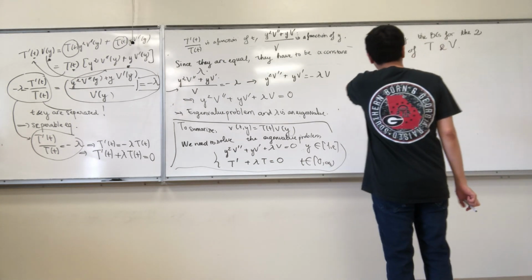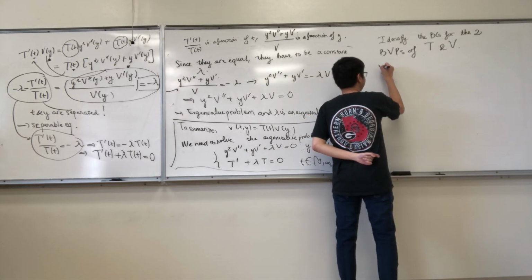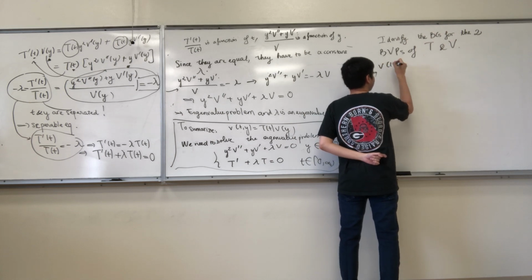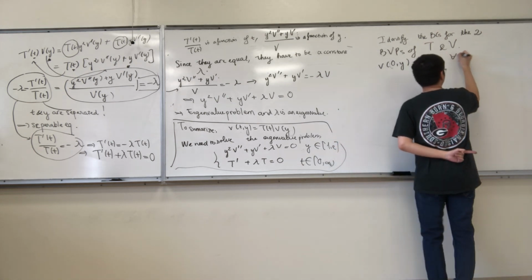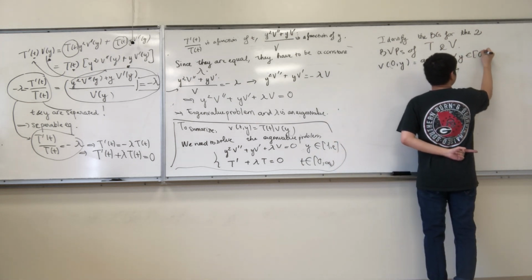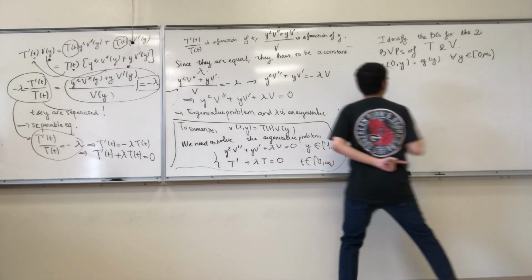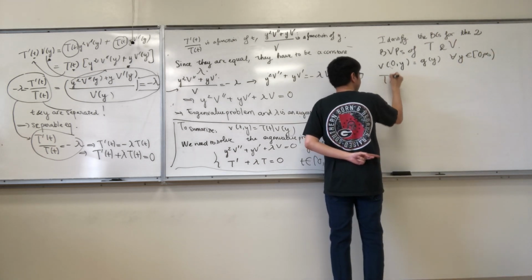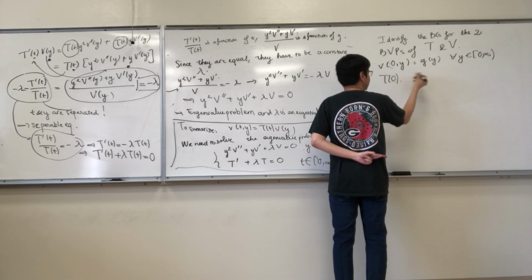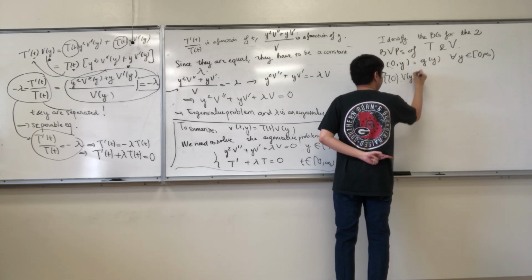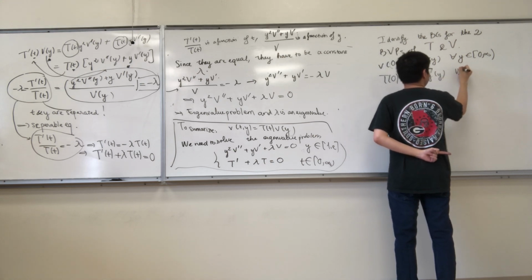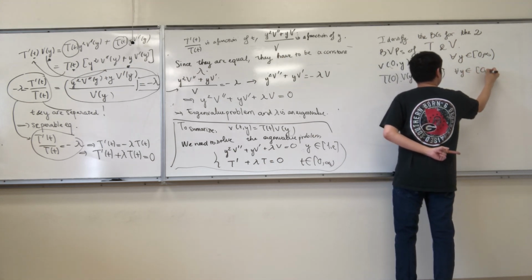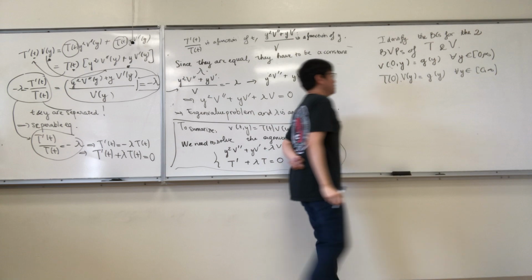All right. So you have what? You have V(0,y) equal to g(y) for all y from 0 to infinity, which means that T(0) times V(y) is equal to g(y) for all y from 0 to infinity.